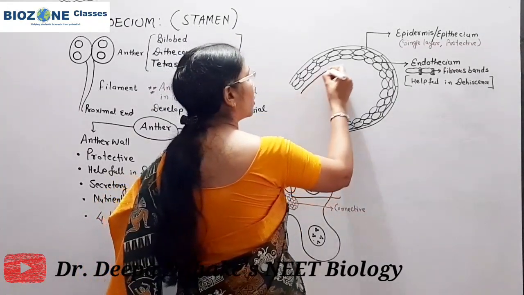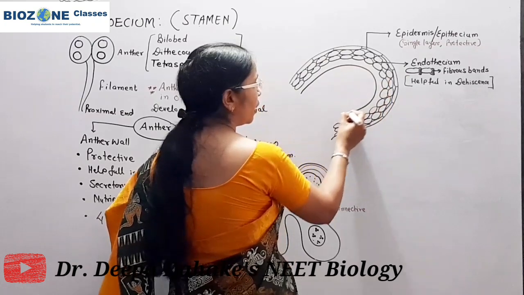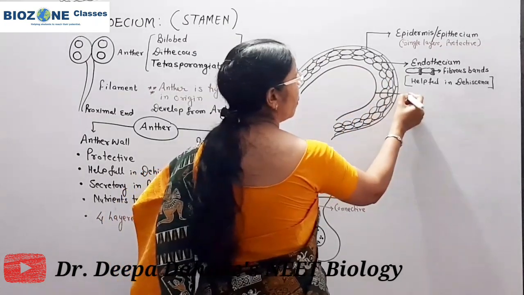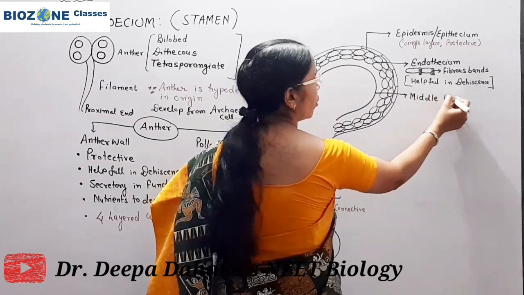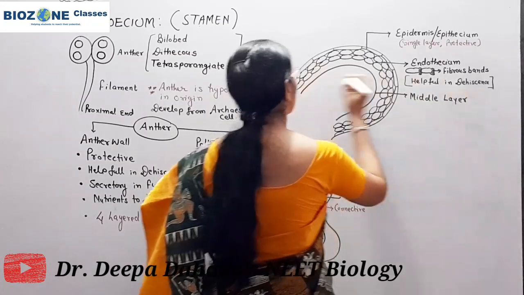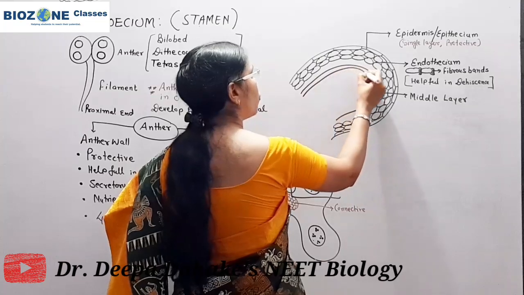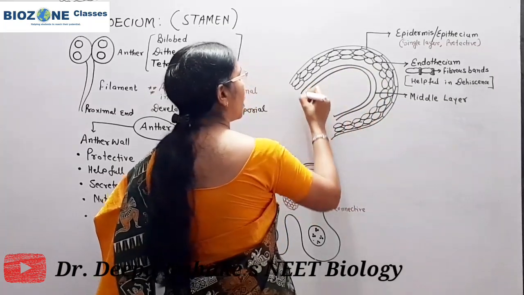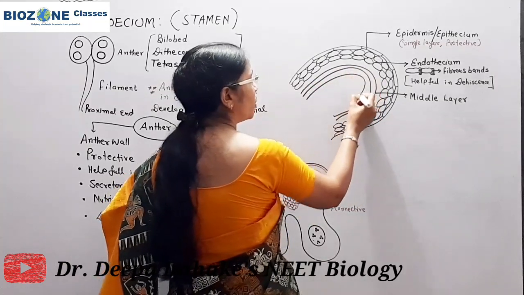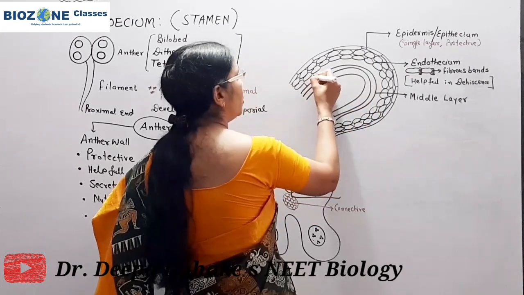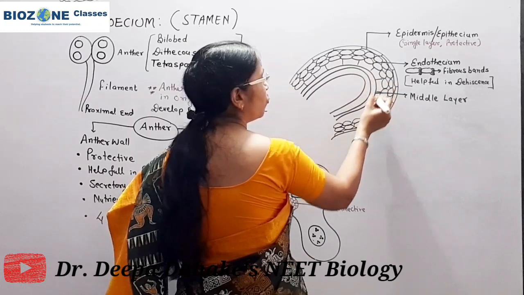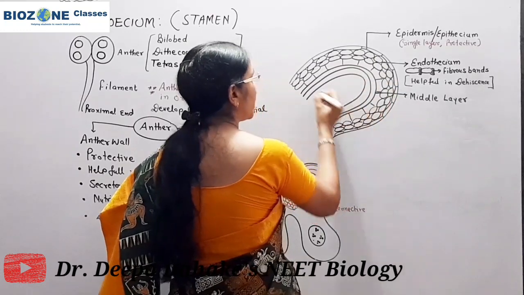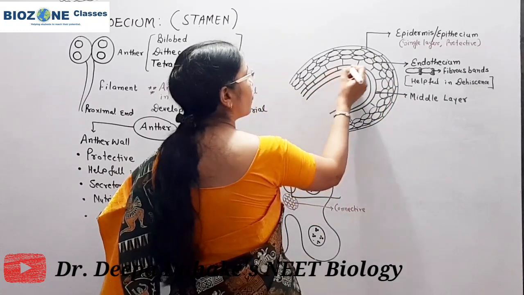After that, the third layer is called the middle layer, and this middle layer of the anther wall consists of 3 to 4 layers. The identical feature of the cells of this layer is that, due to food deposition, the cells of this layer become flat.